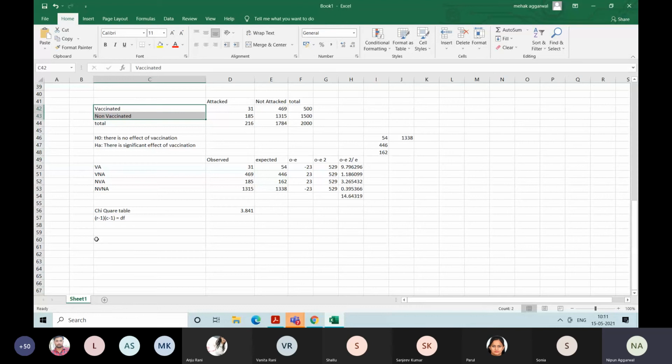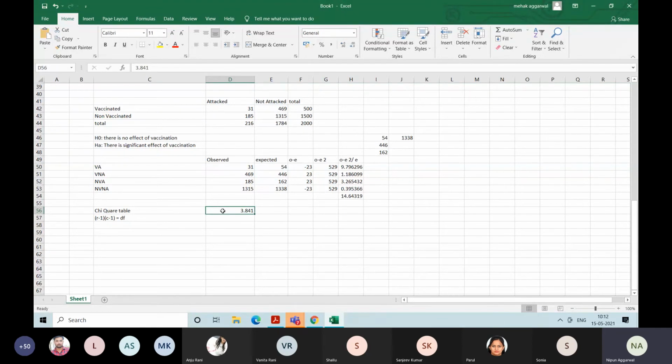So next is the comparison. Our chi-square calculated value is greater than your table value. So we'll reject the null hypothesis, which means there is a significant effect of vaccination in preventing the disease.